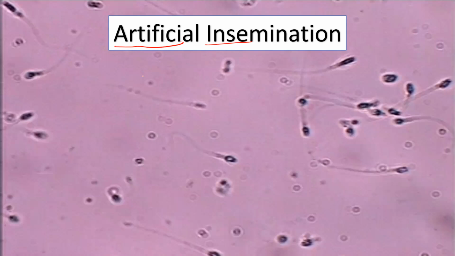Insemination is simply the release of sperm inside the female vagina. This is done during sexual reproduction. Sperms are released inside the female vagina. But now we will do it artificially.